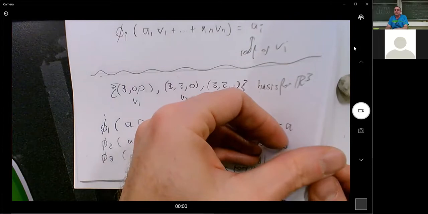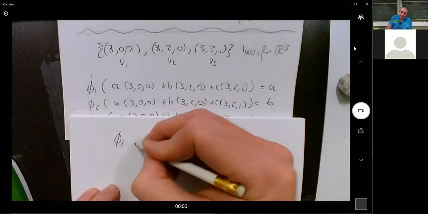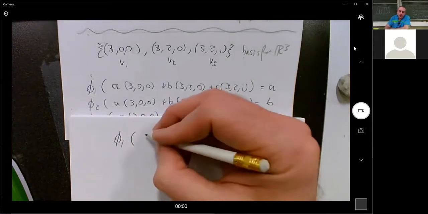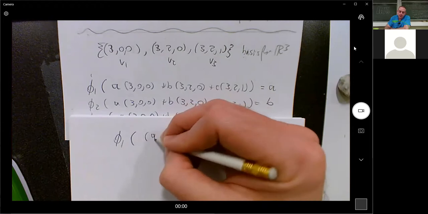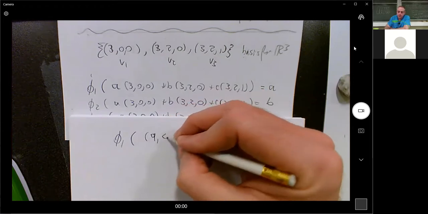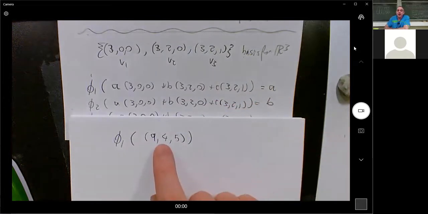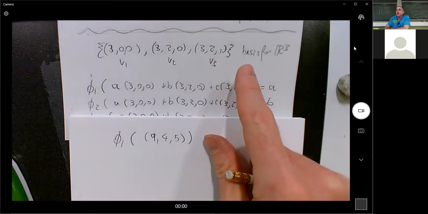And I just want to be clear that I want to know what these functions do. So if I wanted to know what phi 1 of 945 was, I would have to write 945 as a combination of these three vectors.